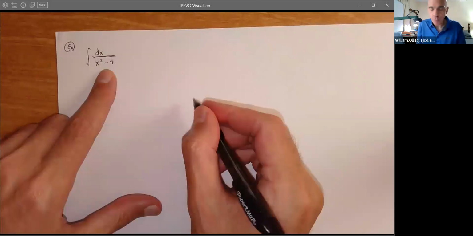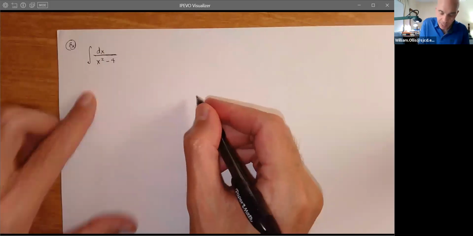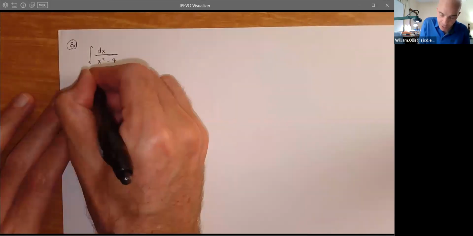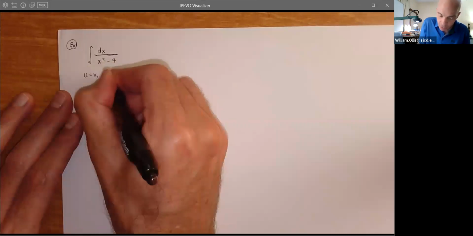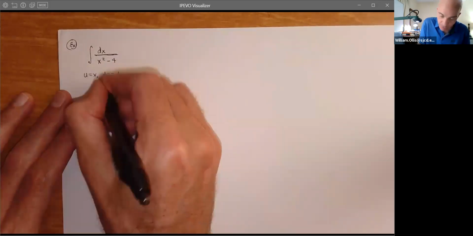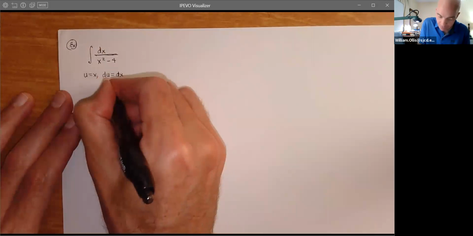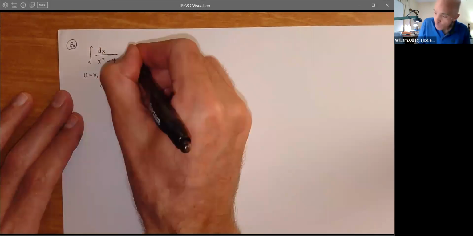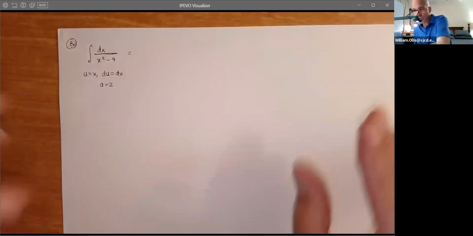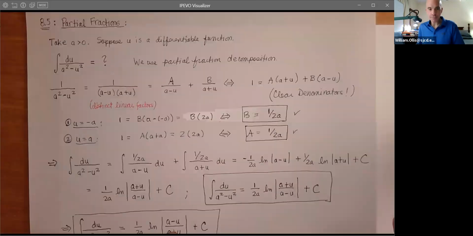So this is x squared minus 4, so u is equal to x. So we have u equals x, du equals dx, and a is obviously 2. So now, if we just use the formula here, we just go back to our formula right here, this one.